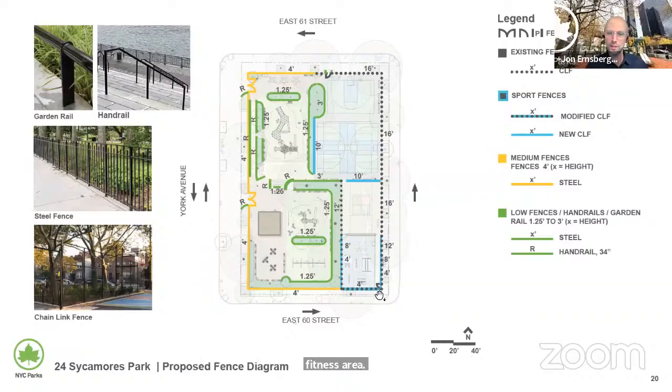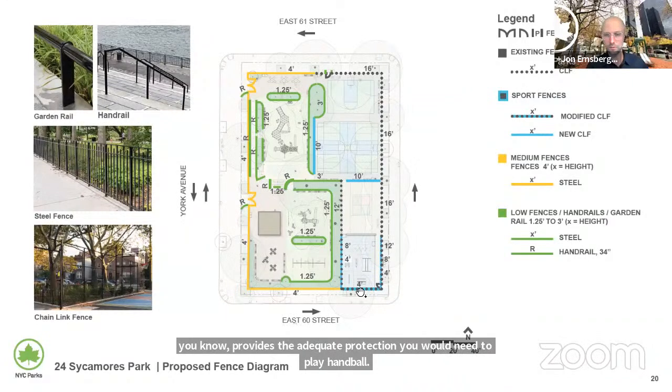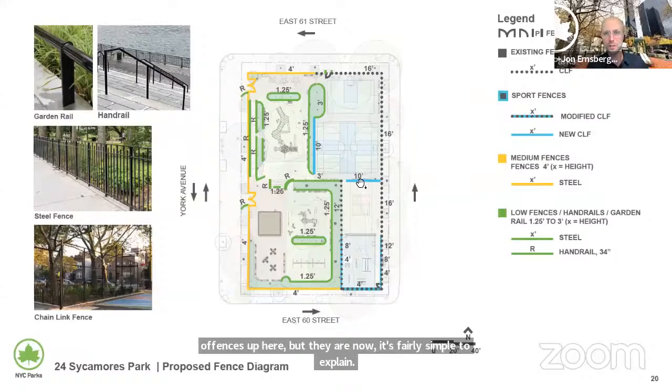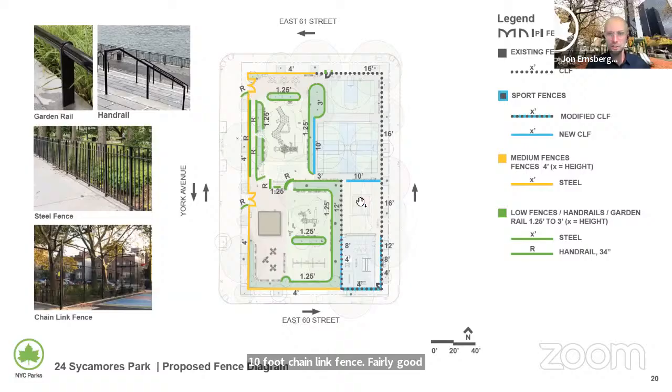This is still chain link fence, and it kind of steps up and then provides the adequate protection you would need to play handball. But where it's not needed, we've lowered the fence to increase sight lines. There's a number of changes of fences up here, but it's fairly simple to explain. 10-foot chain link fence, fairly good height to stop basketballs and errant handballs going in the opposite direction of play.